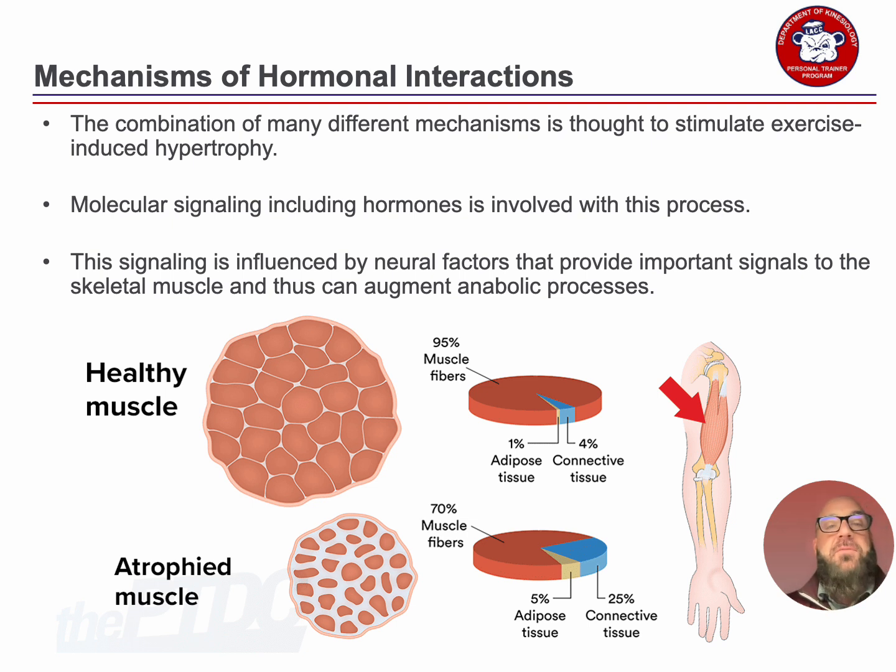The combination of many different mechanisms is thought to stimulate exercise-induced hypertrophy, muscle size. And look, this is still research that's happening. It's not fully understood. Molecular signaling, including hormones, is involved in this process, right? So when we signal molecularly, what do I mean by that?